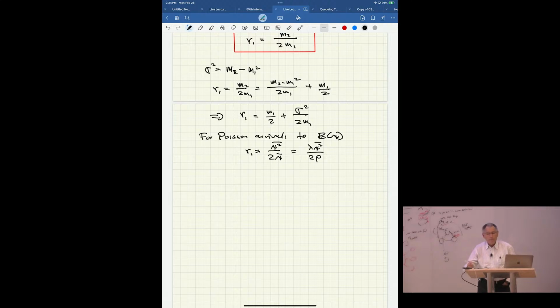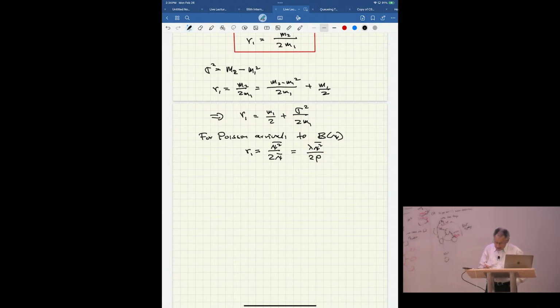But what's the probability there is somebody in service when I arrive? It's the fraction of time the system is busy. If it's busy, there's somebody in service. And what's the probability the system is busy? Yes, which is rho. Rho is the fraction of time the system is busy.